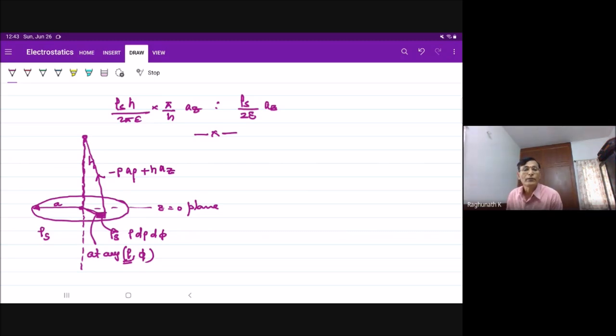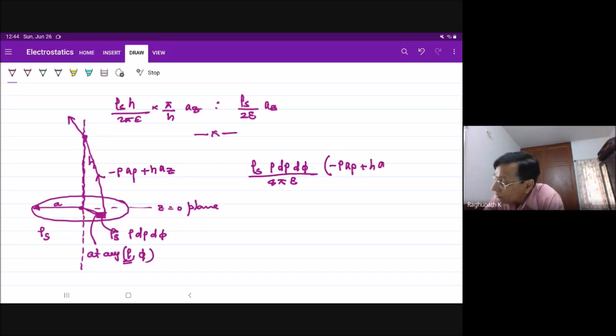Because of which the electric field intensity in this direction along the radius vector is rho s rho d rho d phi divided by 4 pi epsilon, times the vector minus rho a rho plus h a z by rho square plus h square whole power 3 by 2, that is r bar divided by mod r bar whole cubed.